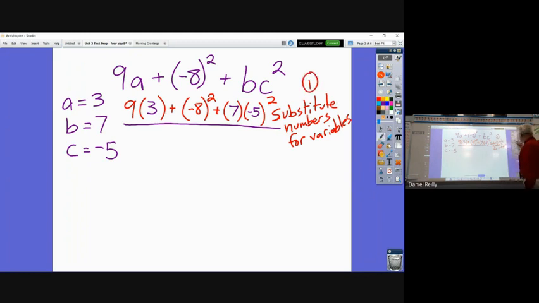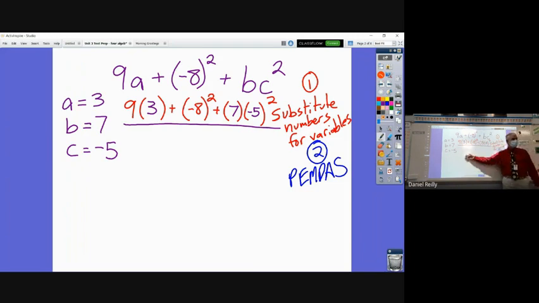Okay, step 2. Use the order of operations to simplify this down. I do not want to see any equal signs in this problem. There are no equal signs in the problem in the beginning.